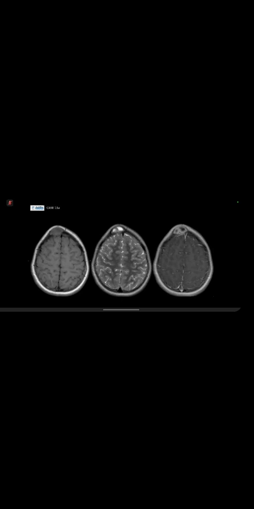I think in T2 it is showing high signal with internal low signal. And this is the right side contrast study showing a well-defined, well-enhanced margin with low signal in the middle.